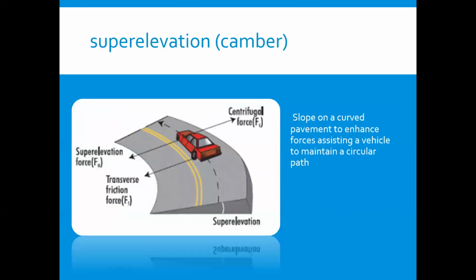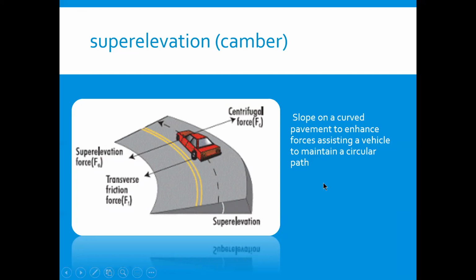Superelevation, quite often called camber, is a slope on a curved pavement to enhance forces, assisting a vehicle to maintain a circular path. Superelevation to be adopted is chosen primarily on the basis of safety, but other factors are comfort and appearance.